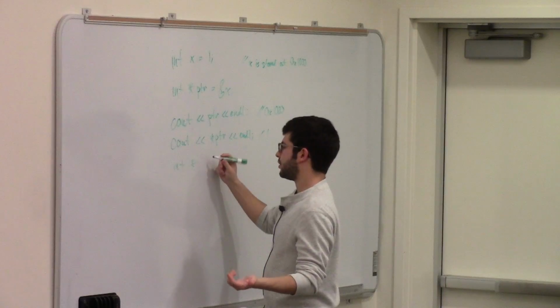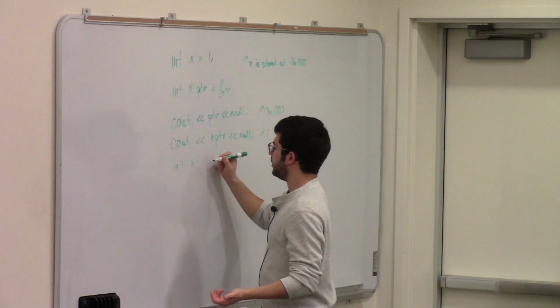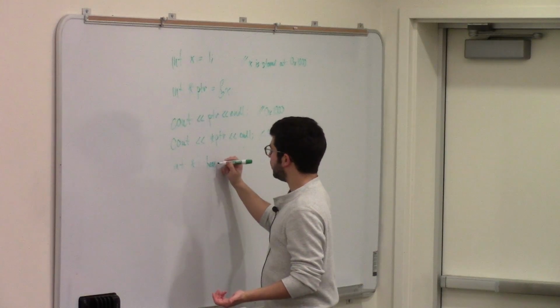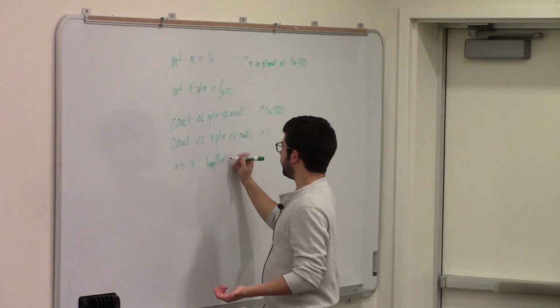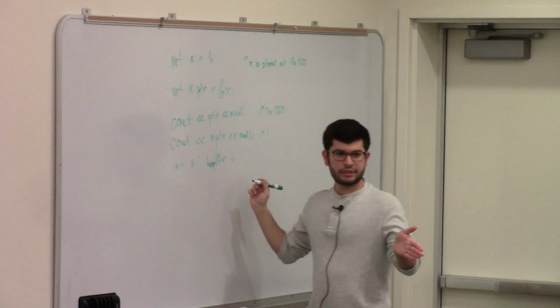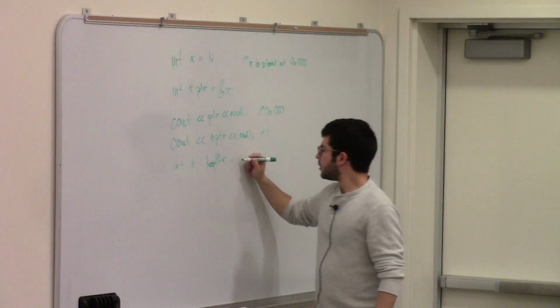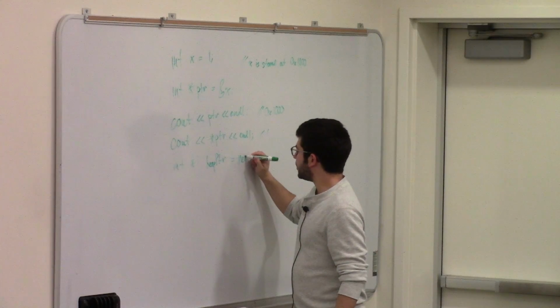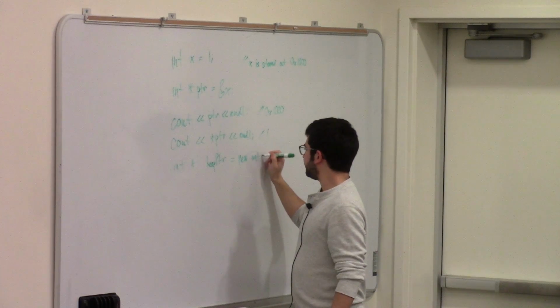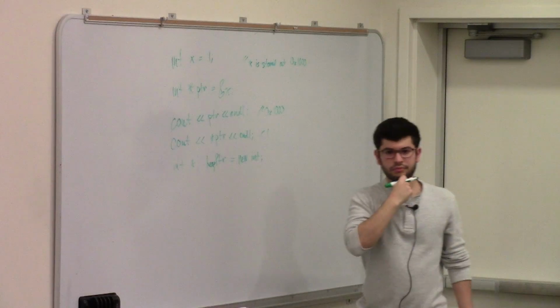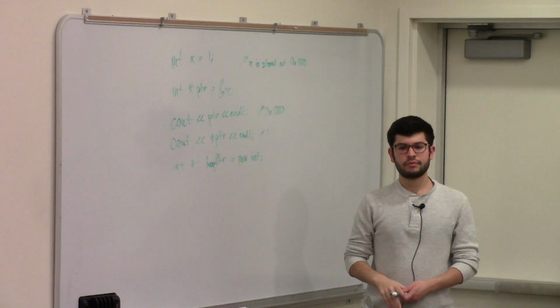So we can say int star, I'm going to say heap ptr equals, and you mentioned how I do this, the word new. So int star heap ptr equals new int. Okay.